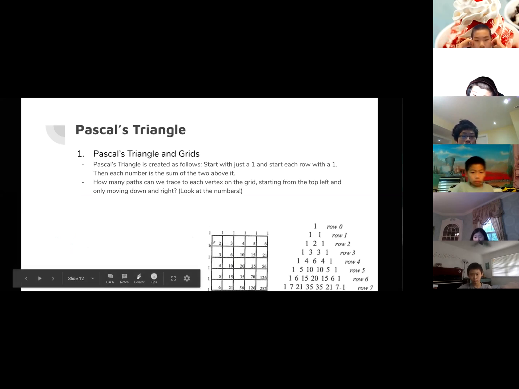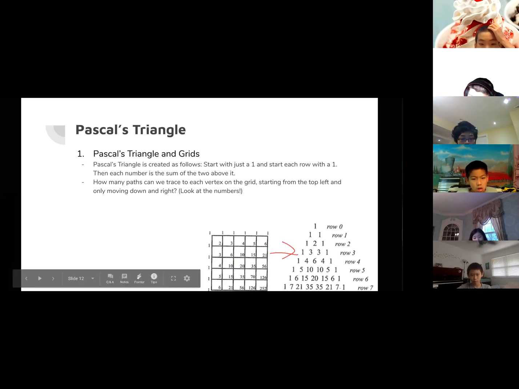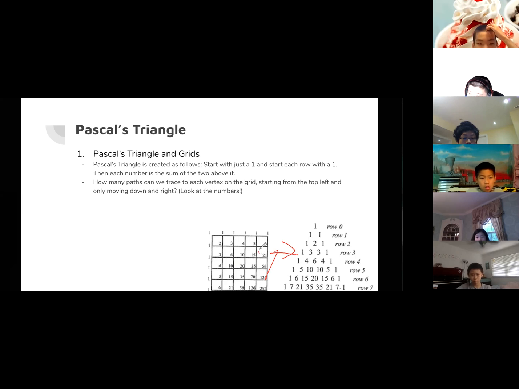To here, you can either come from here or come from here. So it's 1 plus 1, 1 plus 2, 3 plus 3, and so on. And you'll notice that this is the exact same as Pascal's triangle. And you can pretty clearly see why that would be the case, because they're both constructed the same way. You add two numbers for each one, and on the side you always have ones.